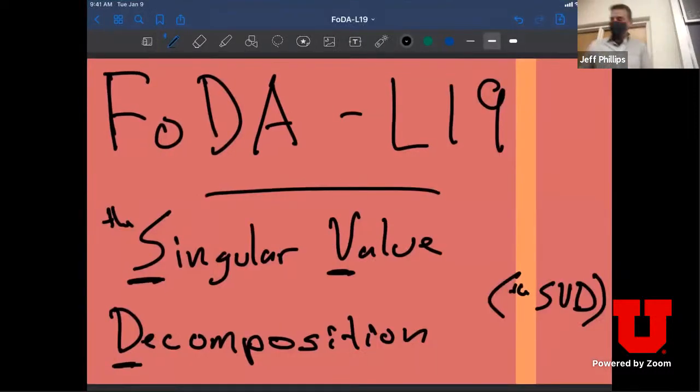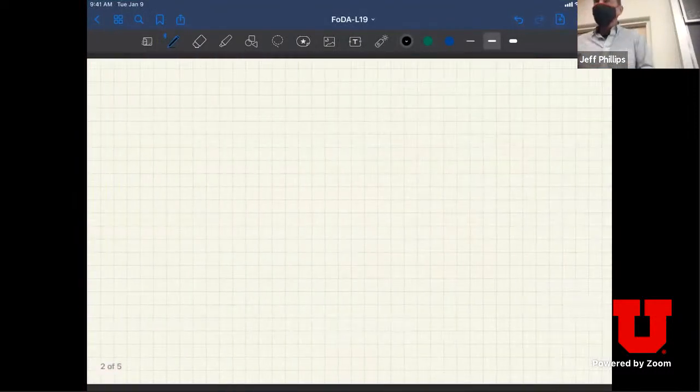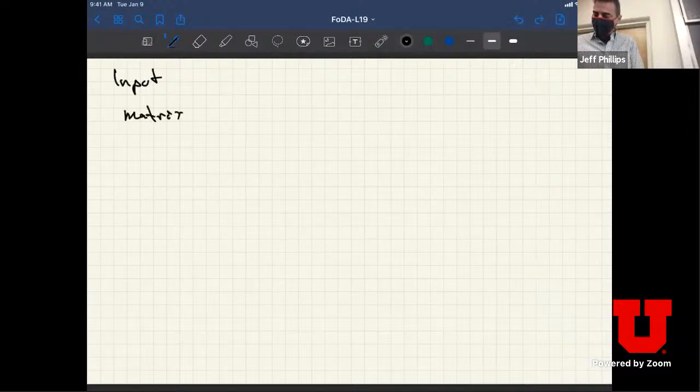So okay, great. The input of this challenge is going to be matrix A, as an element of R^(n×d).